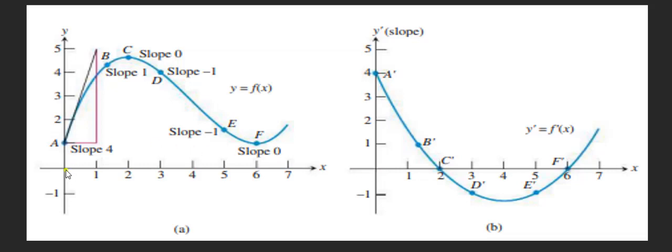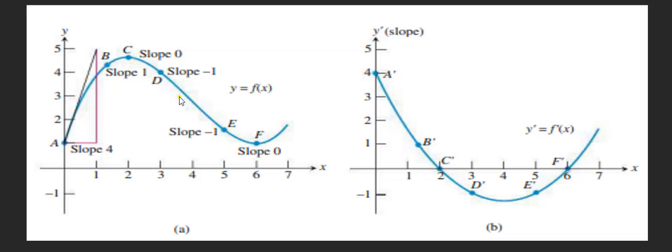So from 0 to 2, the slope is positive. That's why from 0 to 2, the graph of y prime was above the x-axis. What about from 2 to 6? From 2 to 6, the function is decreasing.